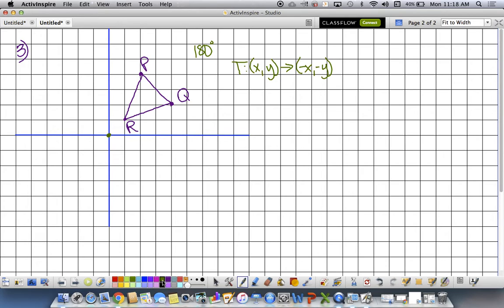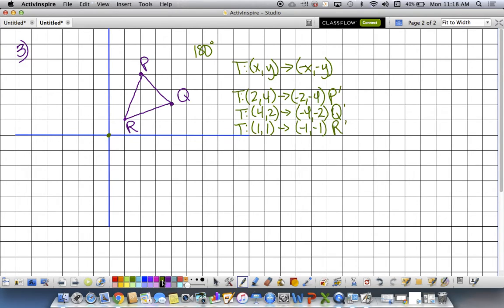I'll start with P. So, P was 2, 4. So, we're going to transform 2, 4 to be negative 2, negative 4. That is P prime. We're going to transform 4, 2 to be negative 4, negative 2. That's Q prime. And last but not least, 1, 1 will become negative 1, negative 1, and that is R prime.